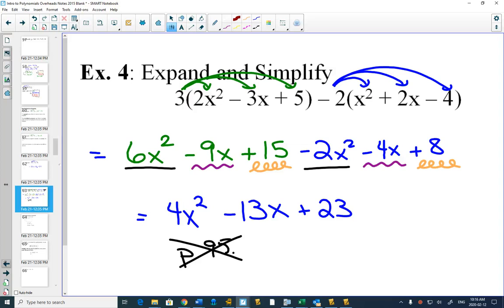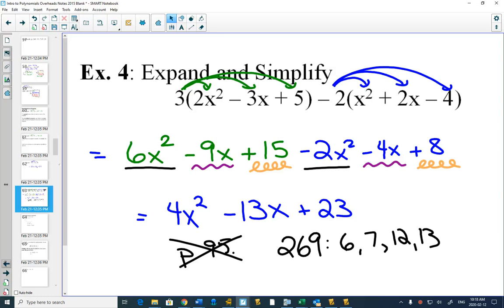And your actual homework, so 6 and 7, 12 and 13.